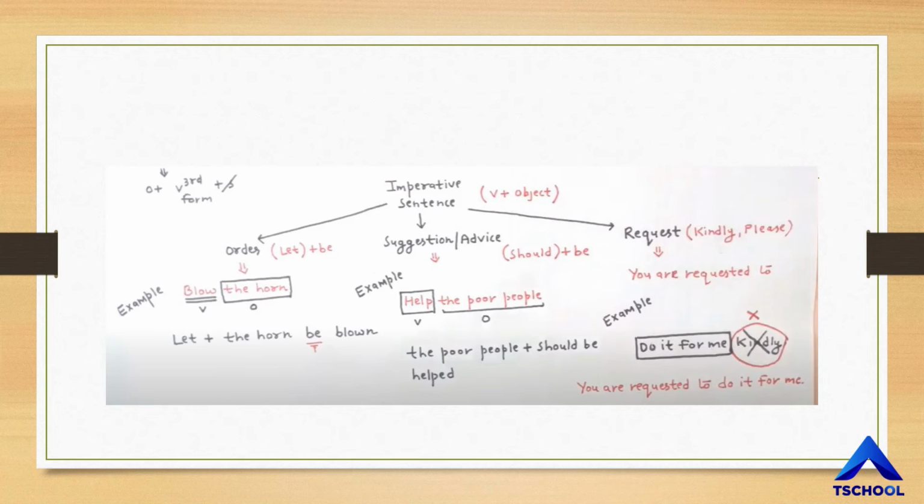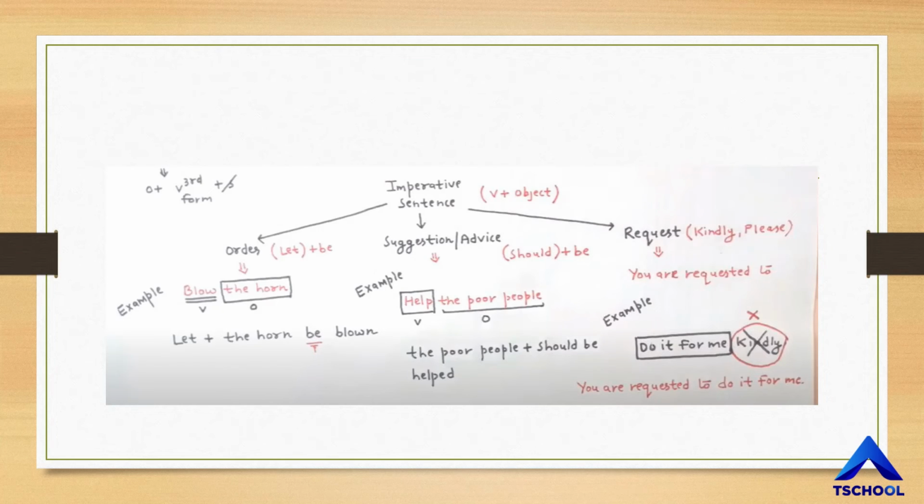We have to understand what kind of question it is. When we look at the question, we can easily identify whether it is an order, a suggestion or an advice, or a request. These are some general examples that I am discussing with you, but the questions that are going to be asked in the board exam would be from the chapter.